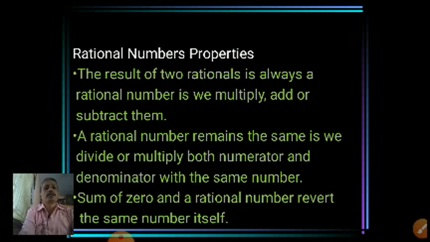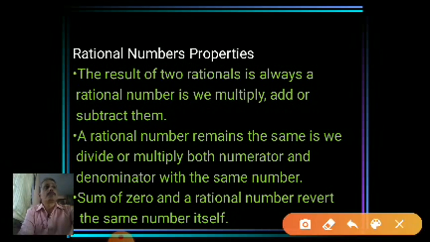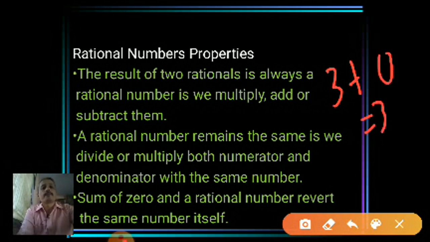The value of both remains the same. The sum of 0 and a rational number returns the same number itself. For that I want to give one example: 3 plus 0, answer is 3.